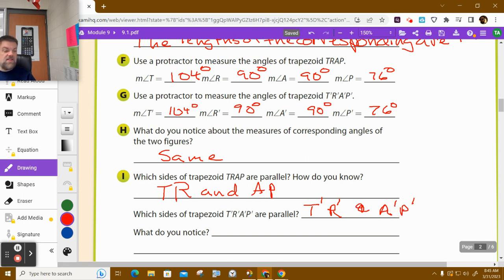And then lastly, it says, what do you notice? The shapes are the same, it's in different spots. Yeah, they're the same, you just moved it. So in other words, TR is parallel to AP, and it's the exact same thing on the image.